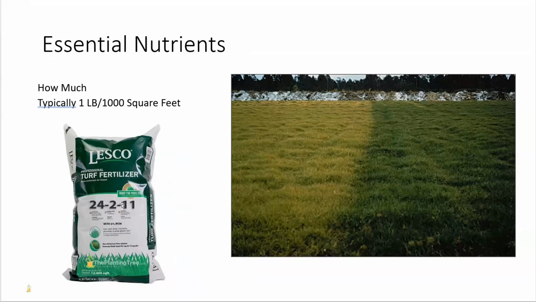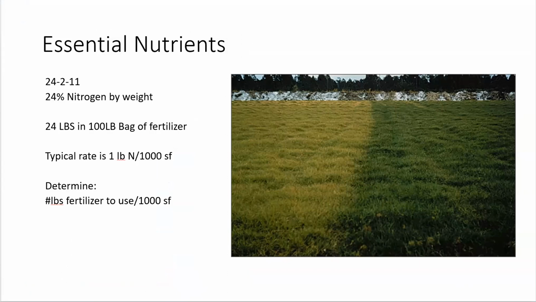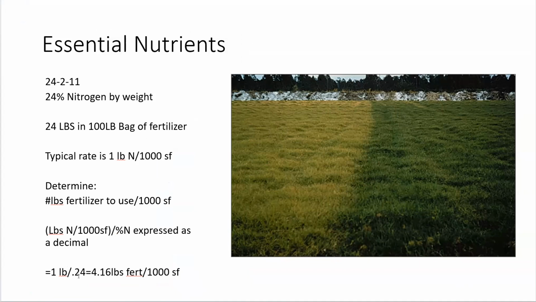So we've got our 24% nitrogen. We're going to zip back down here. We're going to call that 0.24. 24% expressed as a decimal is 0.24. So we take 1 pound, divide it by 0.24, and we get 4.16 pounds of fertilizer per 1,000 square feet. What does that mean?